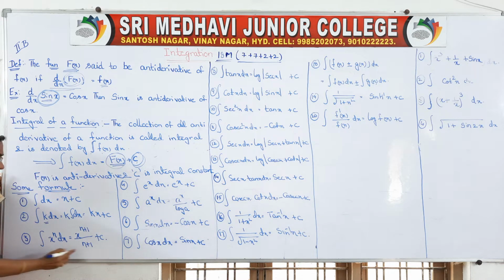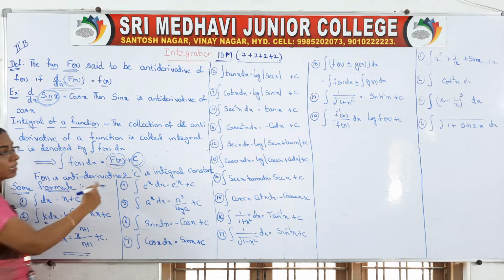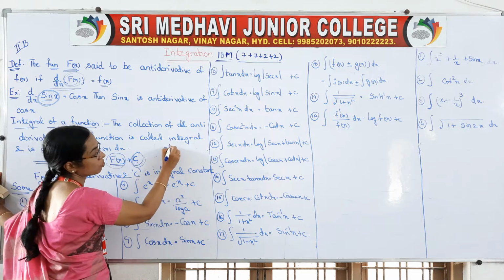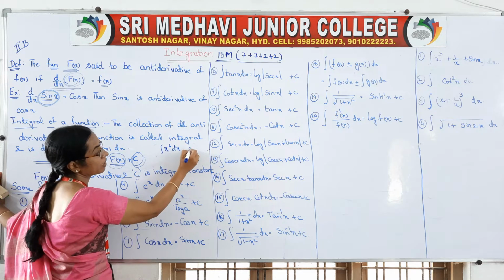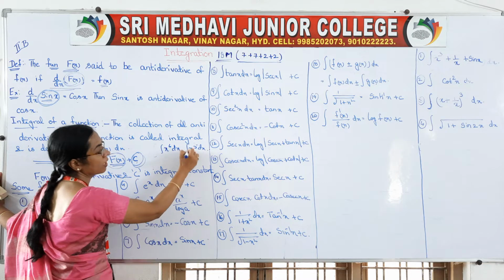So the next most repeated formula in integration is integral x to the power of n dx is equal to x to the power of n plus 1 by n plus 1, plus c. That means x is having some power. Here instead of n you can take x to the power of 6 dx or x to the power of 5 dx, whatever you can take.